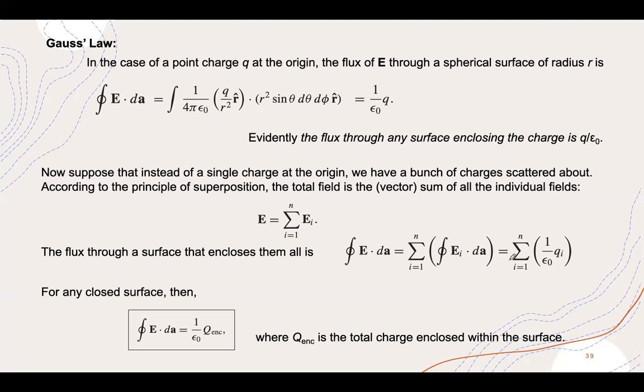This gives you the sum over i equal to 1 to n of qi by epsilon naught, where qi is one charge, like Q1 plus Q2 plus Q3, etc., up to Qn.